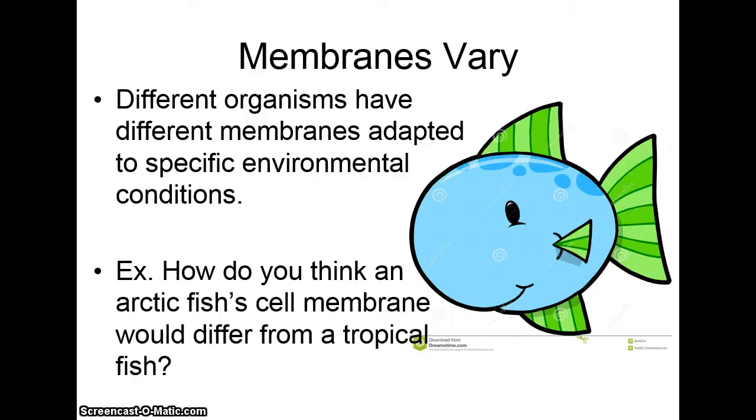And if it's an Arctic fish living where it's very cold, it would be very likely that it would have a higher cholesterol content in its cell membrane than other fish as well. And that might matter as far as eating the fish as well. When you're talking about certain things having much higher cholesterol concentrations than other things, this could be one of the reasons why, because their cell membranes are adapted to where they live.